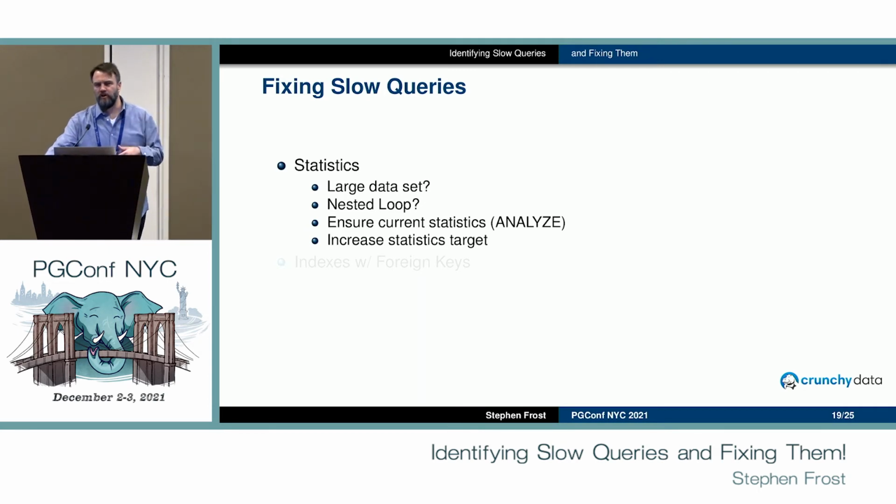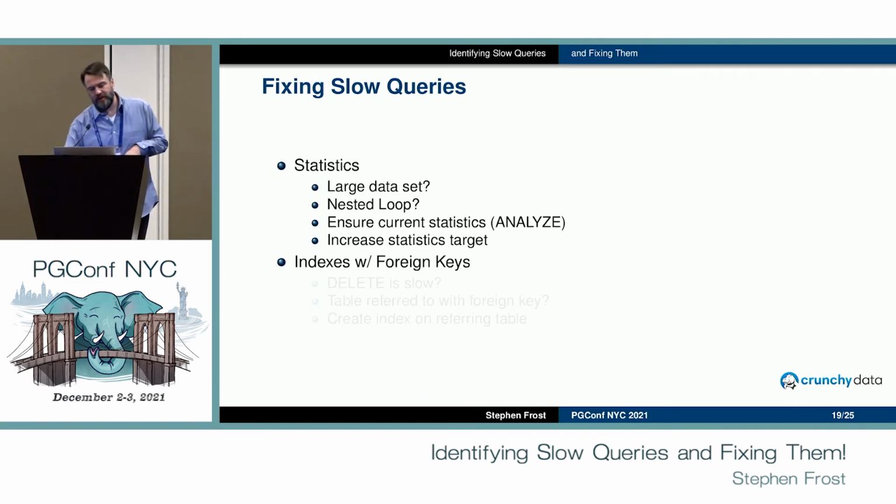And by a large difference, I'm saying orders of magnitude, right? If you're seeing like we estimated 1,000 rows and we actually got back 1,200, that's probably fine, right? But if we estimated 100 rows and we got back 1,000,000, that's a problem. That's a case where you want to make sure you go and analyze.